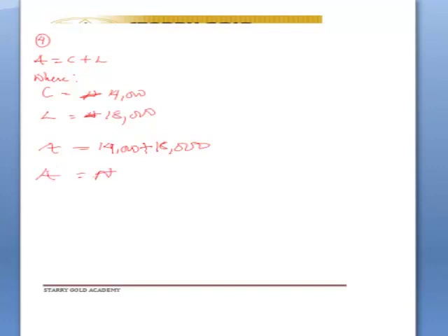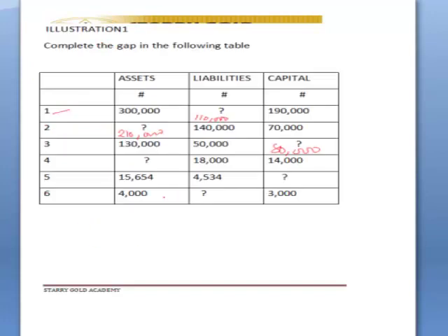Our A is 14,000 plus 18, that is 32,000.